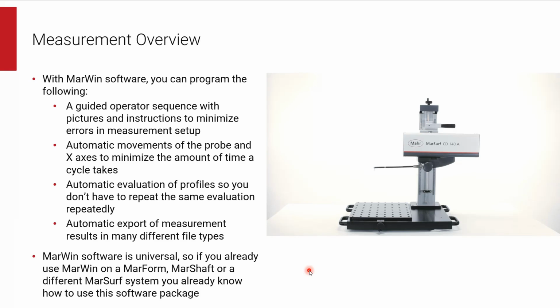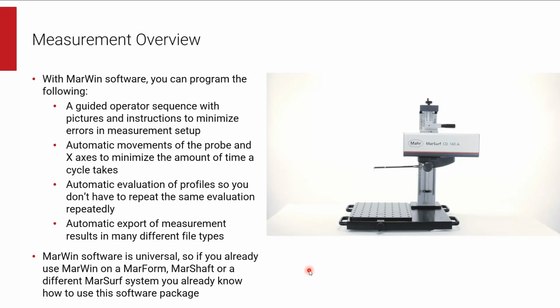We can do automatic evaluation of profiles so that if you're measuring the same part over and over again, you don't have to repeat the same evaluation over and over again. Your evaluation will automatically populate at the end of your measurement. And then lastly, once the measurement is actually finished, we can do automatic export of measurement results in multiple different file types.